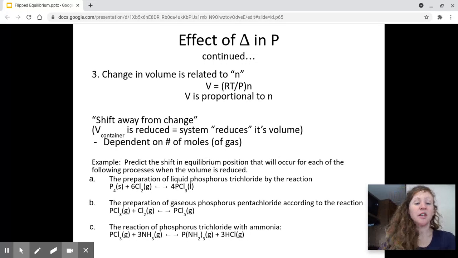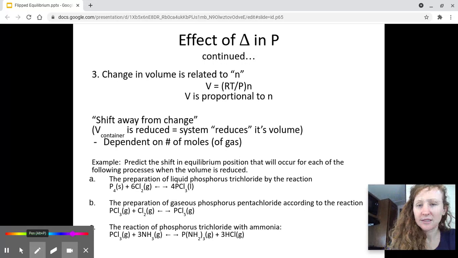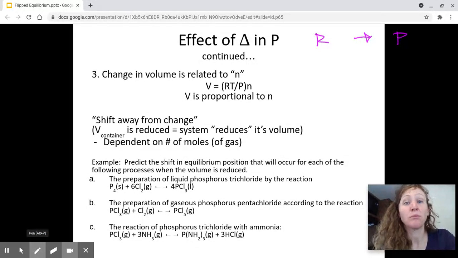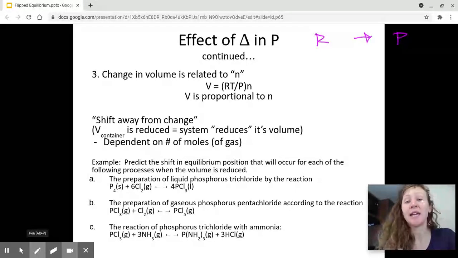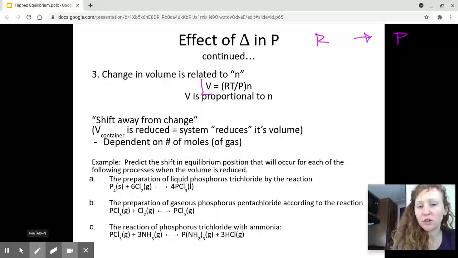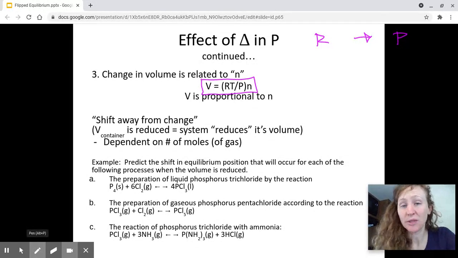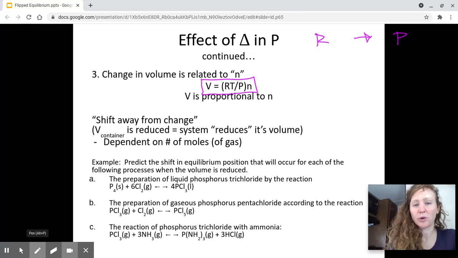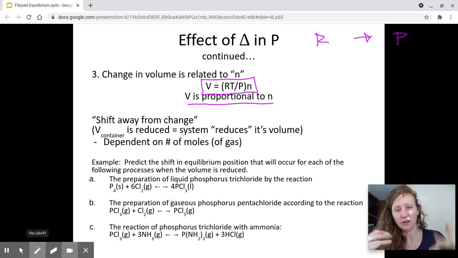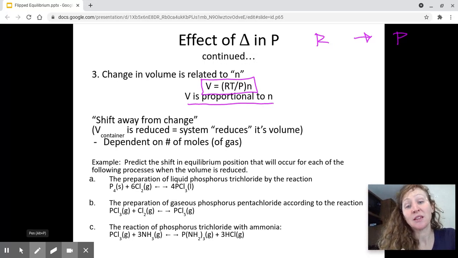So if our reactants versus products have a different amount of moles of gas, the volume is actually related to the moles of the gas that are present. We know volume and moles are related because we've seen that relationship inside the gas laws, the ideal gas law, right? Volume is proportional to moles. If moles go up, volume goes up. If moles go down, volume goes down, and vice versa, right? So it's really dependent on the moles of gas.